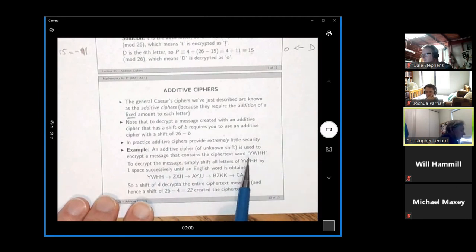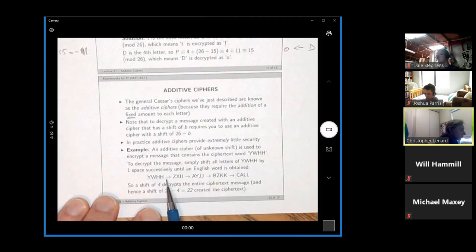So if you start with YWHH and just shift forward one step at a time, Y becomes Z, W becomes X, H becomes I. Does that work? No, not really. So let's shift again by the same amount, because remember, all these letters have been shifted by exactly the same amount.